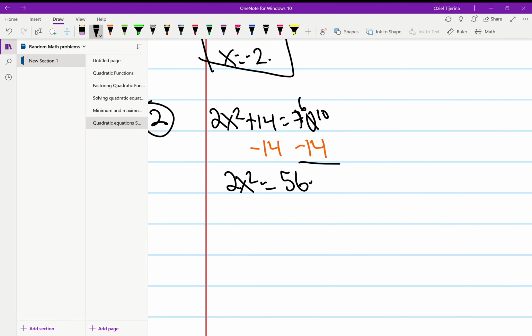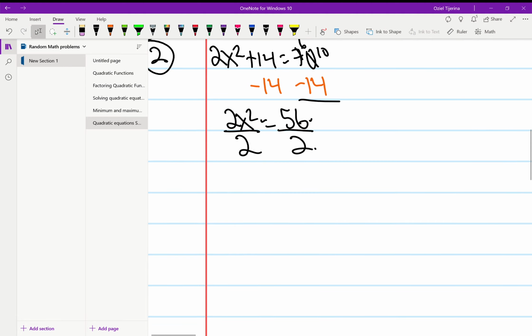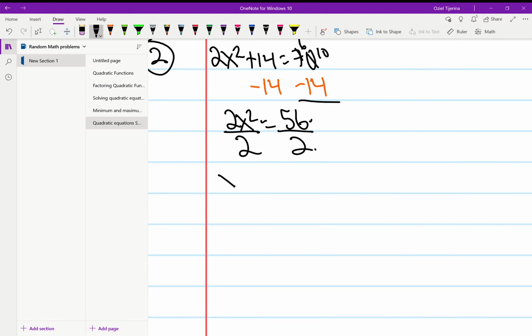And then you're going to go ahead and divide by 2 on both sides, and that's going to give you x squared equals, I think it's 28, if I'm not mistaken, yeah. And then what you're going to do last is you're going to go ahead and take the square root of both sides. This gives you x equals plus or minus the square root of 28.